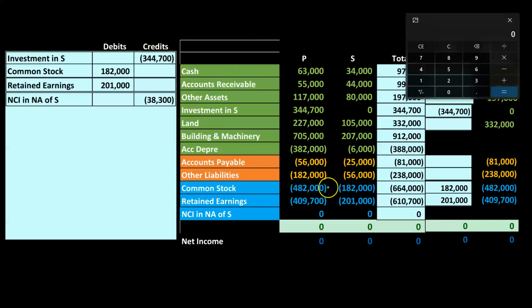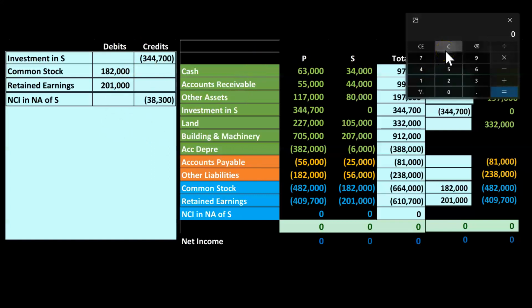we know that the equity section, assets minus liabilities, equals the equity. The equity is the 182,000 plus the 201,000, and you'll recall that 90% of that is going to be the 344. So there's the 344 that was represented up here that we are removing.